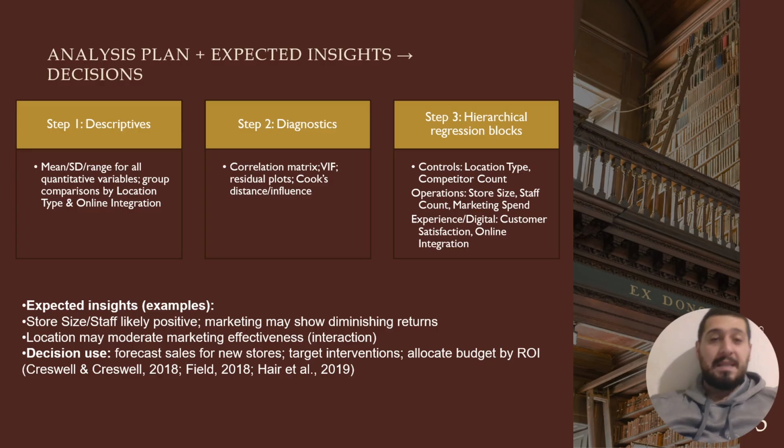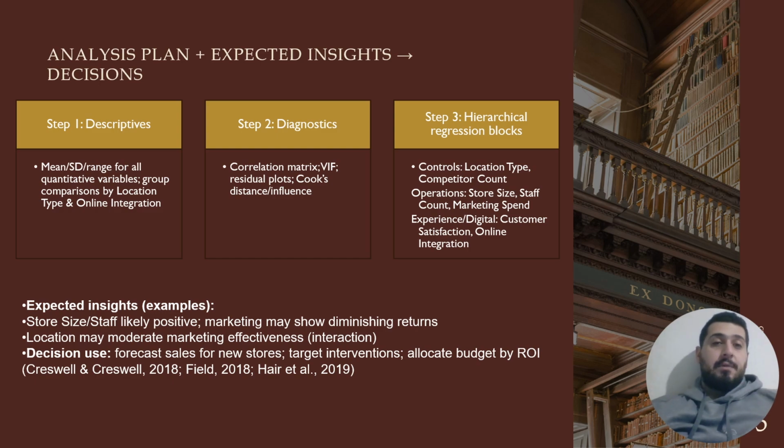Specifically, I would examine correlations among predictors, calculate VIF to detect multicollinearity, inspect residual plots for linearity and homoscedasticity, and use influence diagnostics such as Cook's distance to ensure that one store is not dominating conclusions.